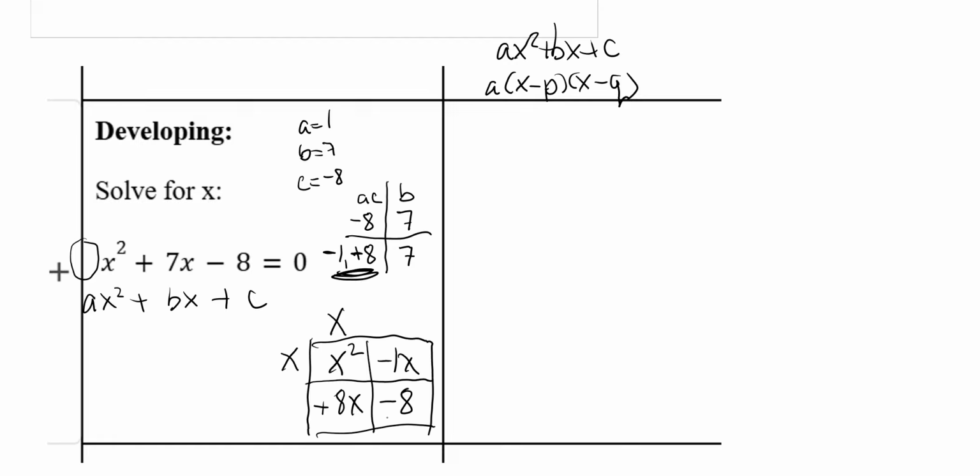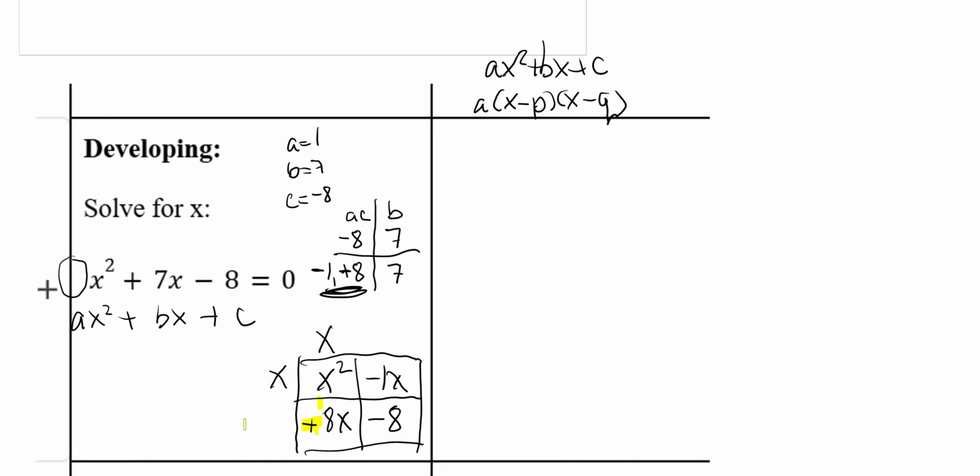Here's something to keep in mind: if this number is positive, this number will be positive. If it was negative, then that number will be negative. Likewise, up here, if this number is negative, then this number up here will be negative. And so we know this is going to be a negative. The only thing that 1 and 8 have in common is 1, so we're just going to put 1 there.